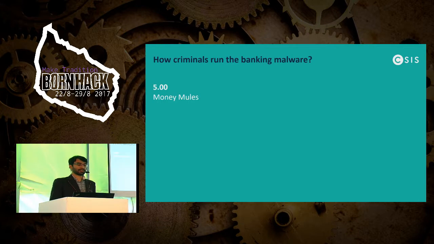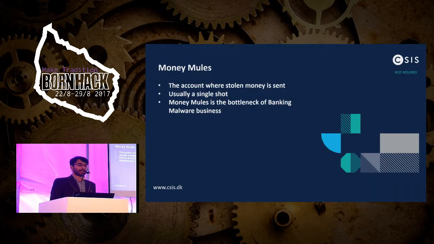The money mule is usually a one-shot bank account. Whenever somebody's money gets stolen, he notices it and tells the bank, and the bank will block the account where the money went. So you cannot send multiple transactions to the same account. And if you're a criminal and you transfer money into your own account, you'll get caught very fast.